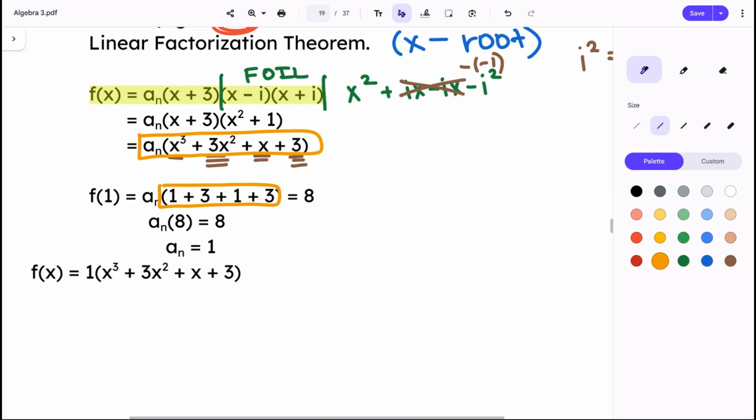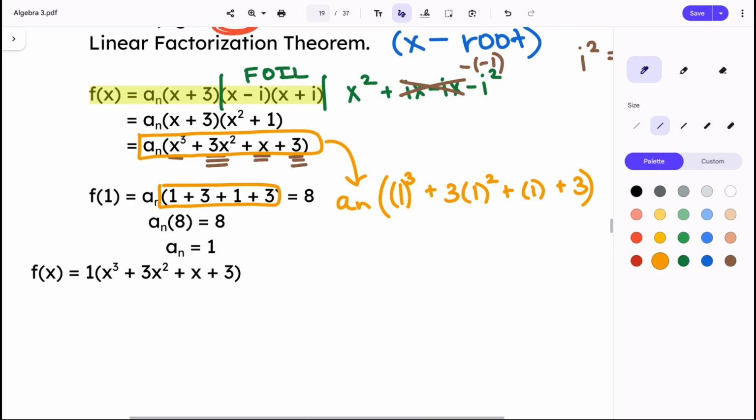They already did the math for us. So this looks like a_n, and then it'd be 1 to the third plus 3 times 1 squared plus 1 plus 3. And that's how they get these numbers here, because 1 to the third is 1, 3 times 1 squared is 3, plus a 1 plus a 3.